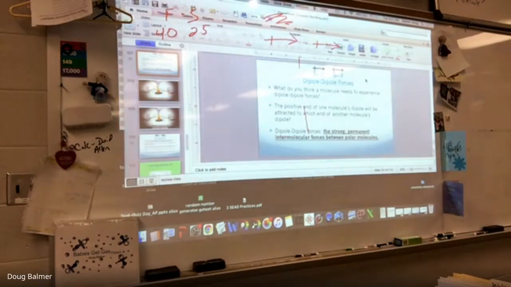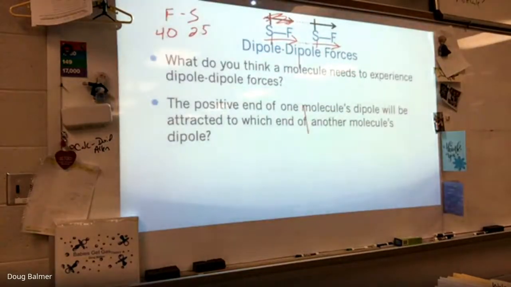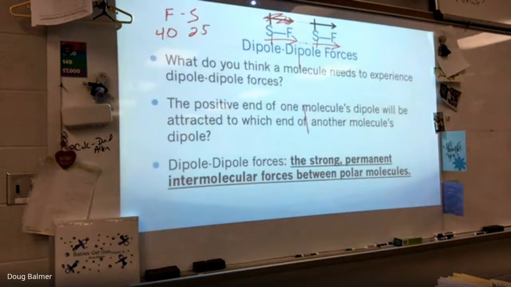So yeah, F is definitely pulling the electrons. So it is a strong, permanent intermolecular force between polar molecules. For that reason, it's going to be a lot stronger attraction. So molecules that can experience dipole-dipole forces, are they going to have higher boiling points or lower boiling points? Higher melting points, lower melting points.